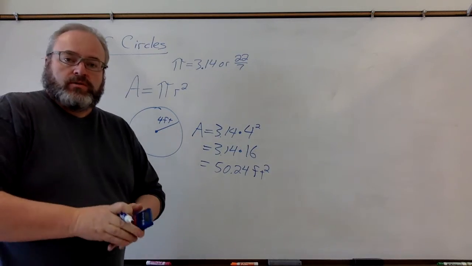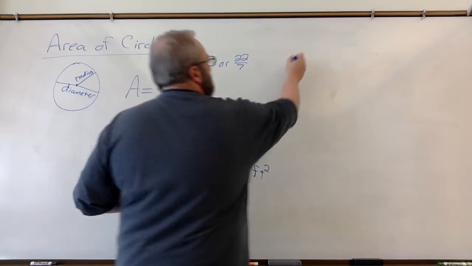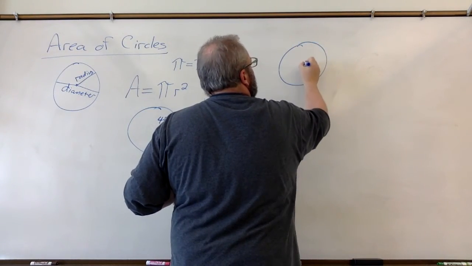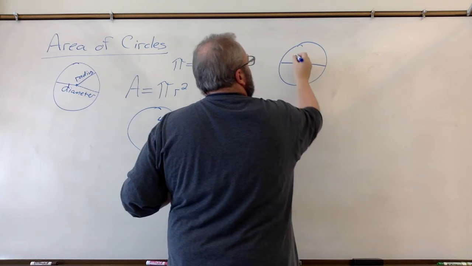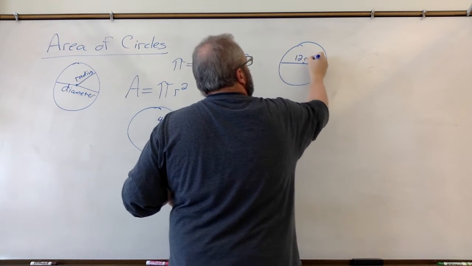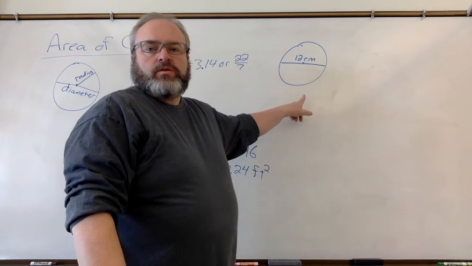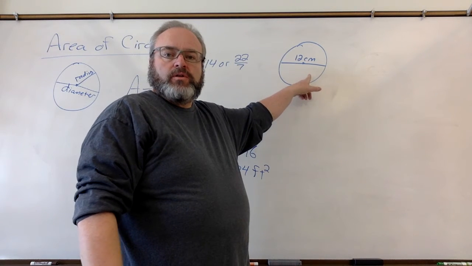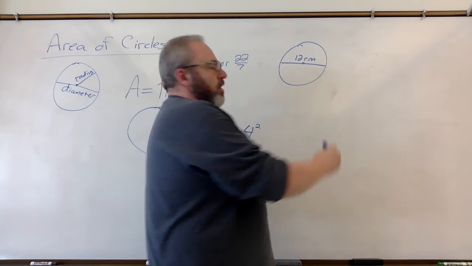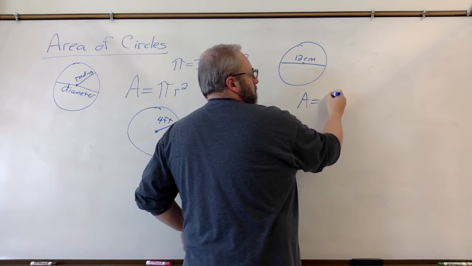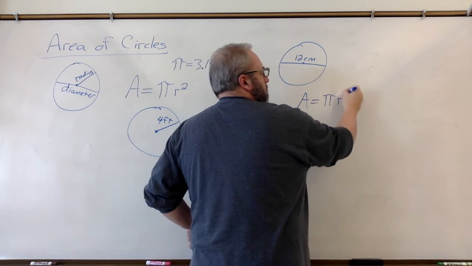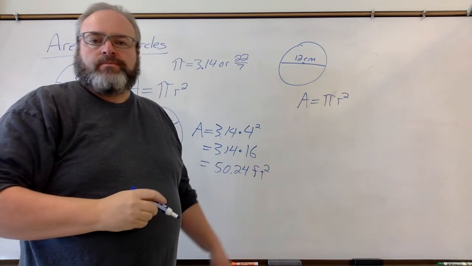Okay, now let's look at another example. On this circle, we have a diameter of 12 centimeters. Now we know that the area is pi times radius squared.